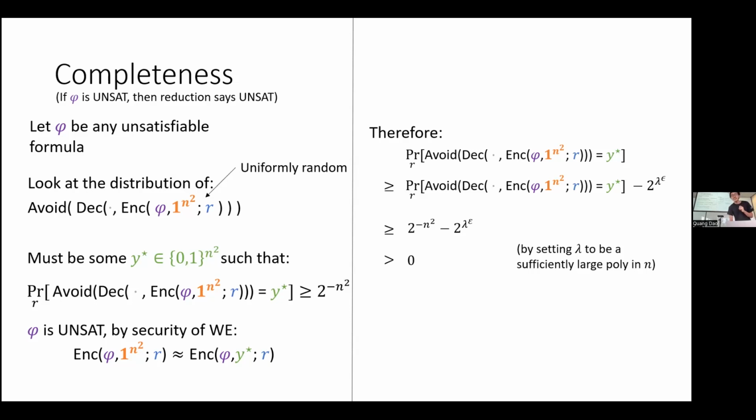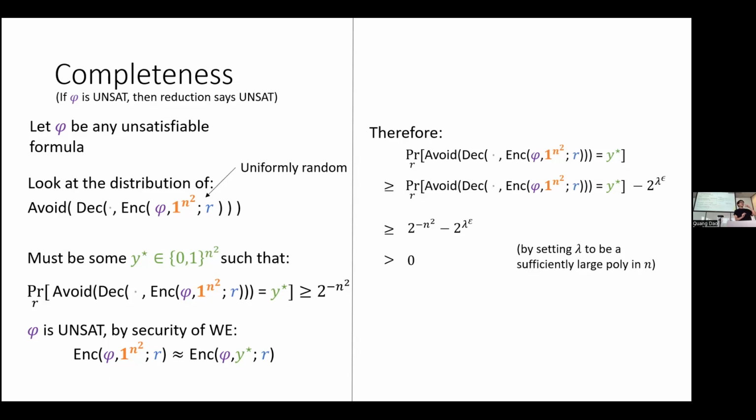The accepted probability differs from the probability here by only an additive factor of 2 to the minus lambda to the epsilon. So this should be minus. Sorry, so the probability is 2 to the minus n squared minus 2 to the minus lambda to the epsilon. But if you choose lambda to be a sufficiently large polynomial in n, you will find this probability to be positive.